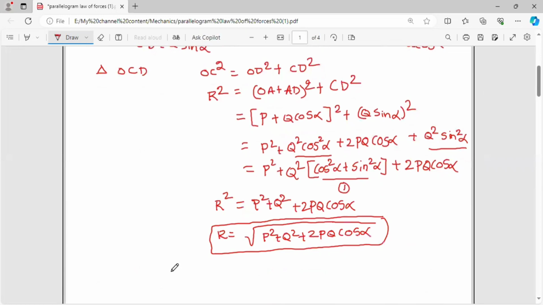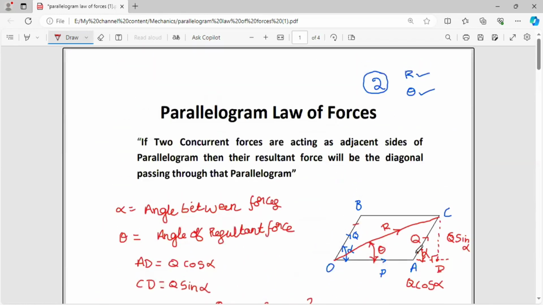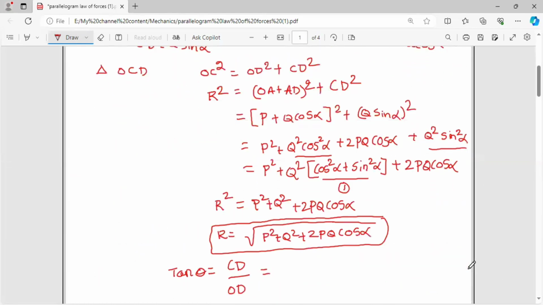Consider that same triangle and apply tan theta. Opposite side is the CD. Adjacent side is the OD. From that triangle, CD is Q sin alpha. OD can be written as OA plus AD.